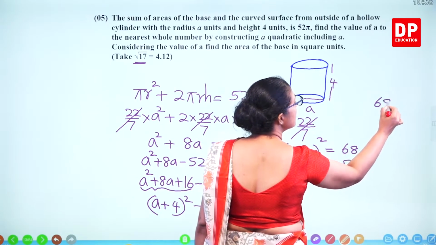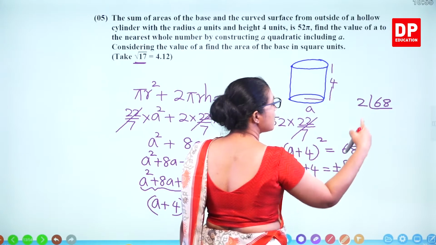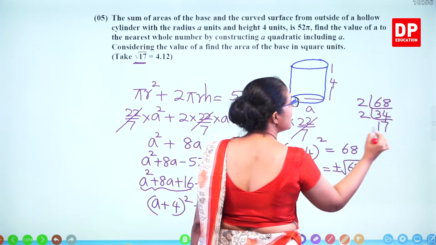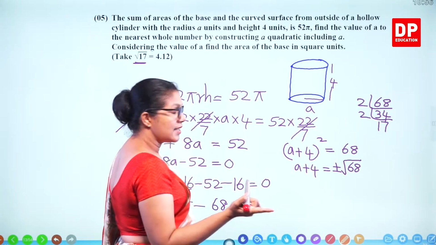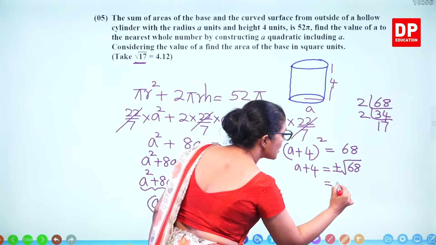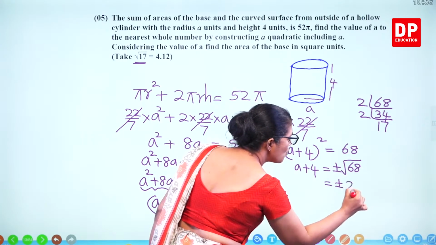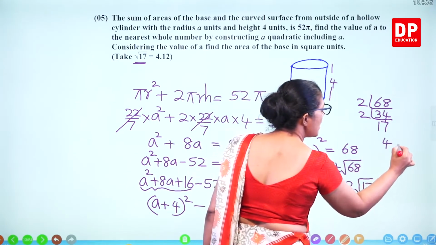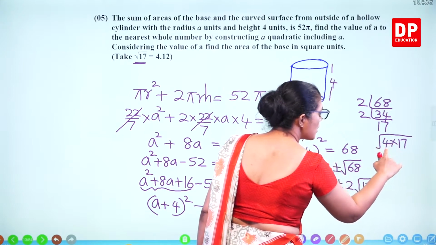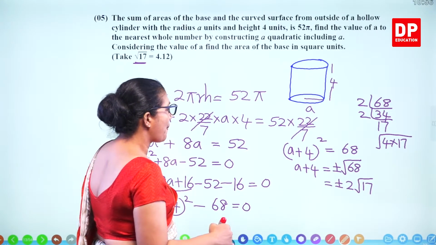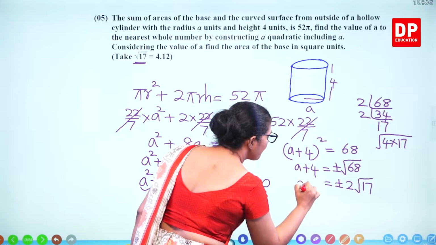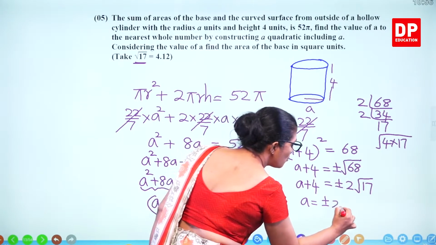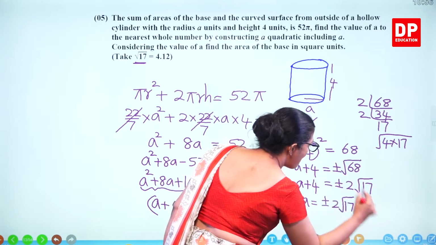We'll write down and see how you can write 68. 34 and 17, here 4 times 17. So when you take the square root of 4, that becomes 2. 2 root 17. So what's the A value? A becomes plus or minus 2 root 17 minus 4.